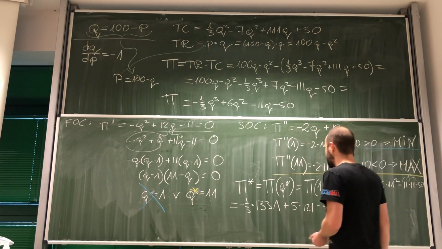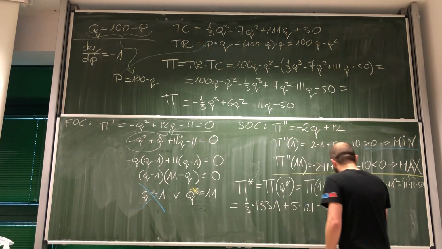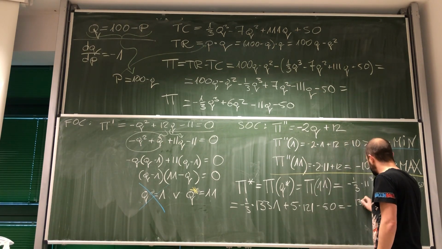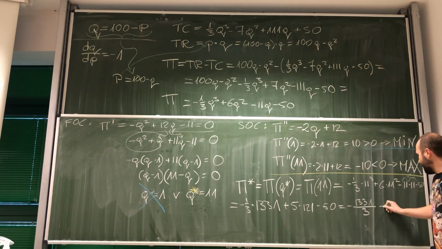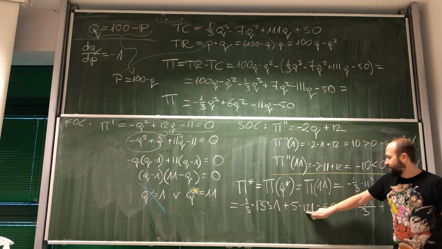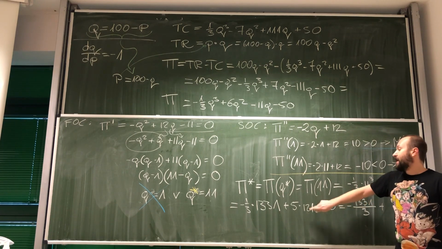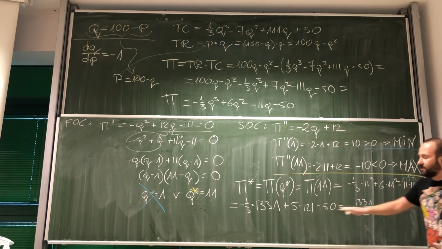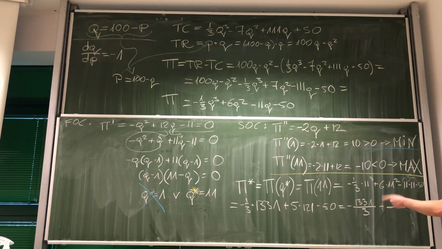Okay, so now let's put all of these expressions into a common denominator. So we've got that this is negative 1,331 over 3. Now plus, we will have here 5 times 121. But now if I want to put it into a common denominator, I should multiply it by 3. So it's 15 times 121, so this is 1,815.